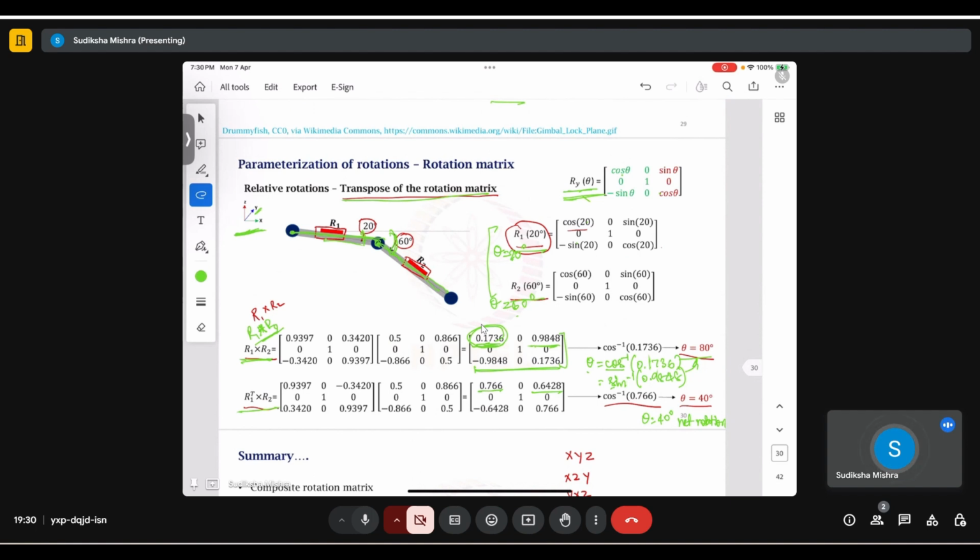If you were to take a transpose of R1 and multiply it with R2, you will get this. If you compare this with Ry theta, you can either write theta as a cos inverse of this term or sine inverse of this term.